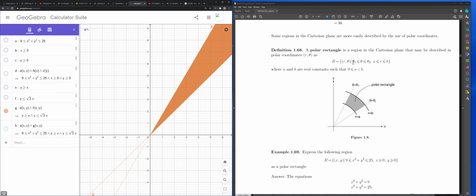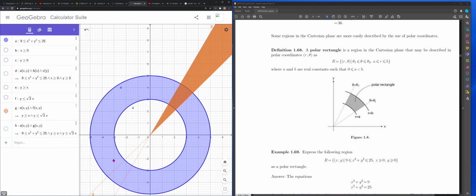And what you want is when you combine the inequalities with theta with the inequalities with r, that will cut out a piece of your annulus, right? So this is your annulus over here, which is coming from a less than or equal to r, which is less than or equal to b.